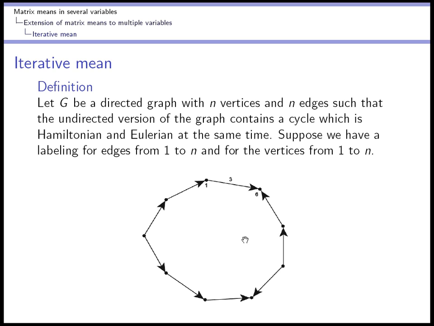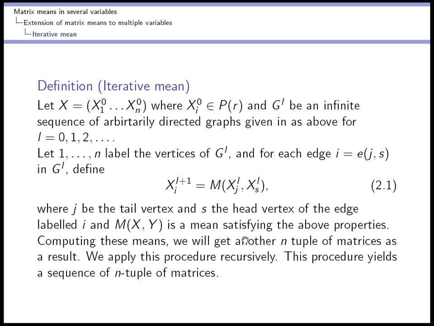Now, let us suppose we have an infinite sequence of such graphs. We will use these graphs to extend a two-variable mean function to several variables by an iterative construction. The definition goes as follows. We have n positive definite matrices, and we have an infinite sequence of graphs.